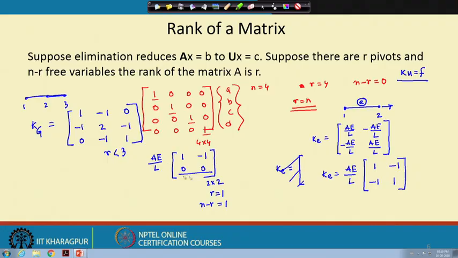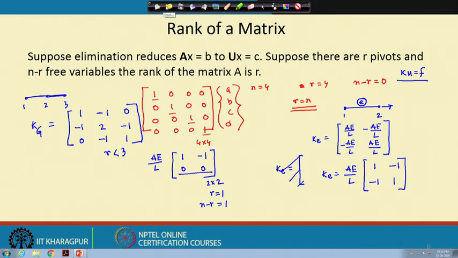So, this phenomenon is actually related with the rank of the stiffness matrix. So, when we encounter a rank deficient stiffness matrix, one of the reasons may be we have not put the boundary condition correctly into the stiffness matrix.